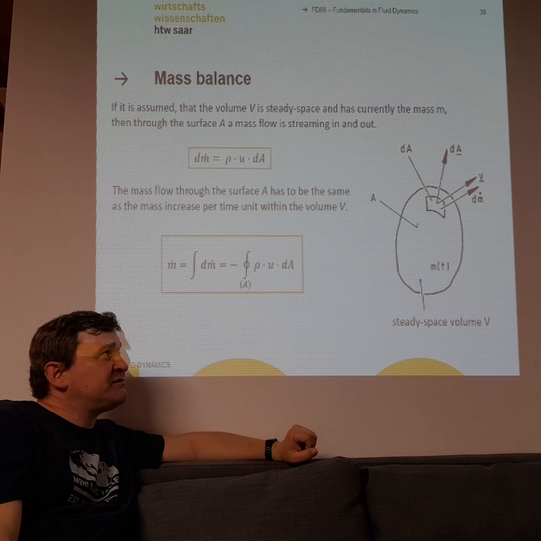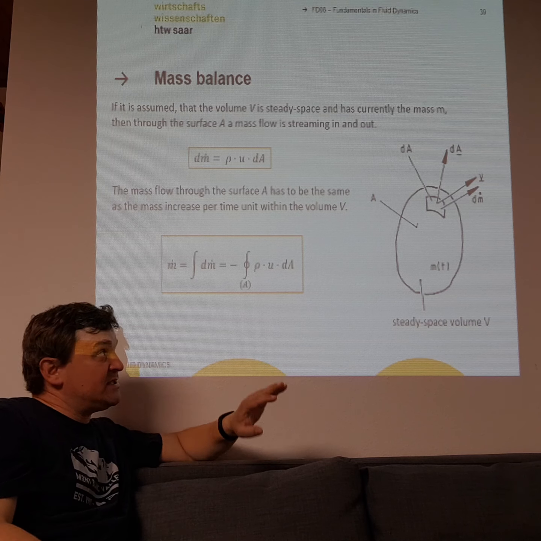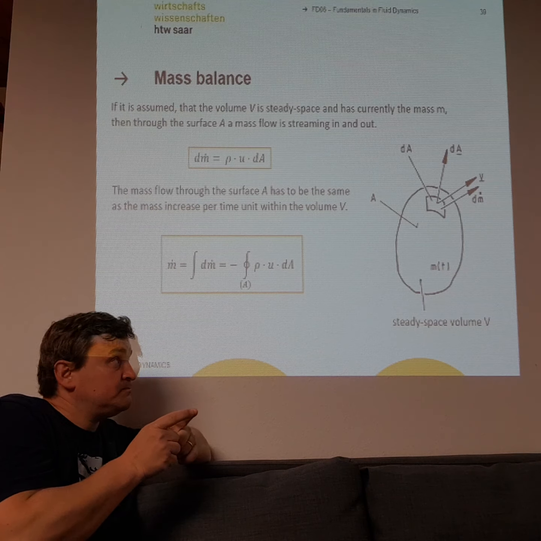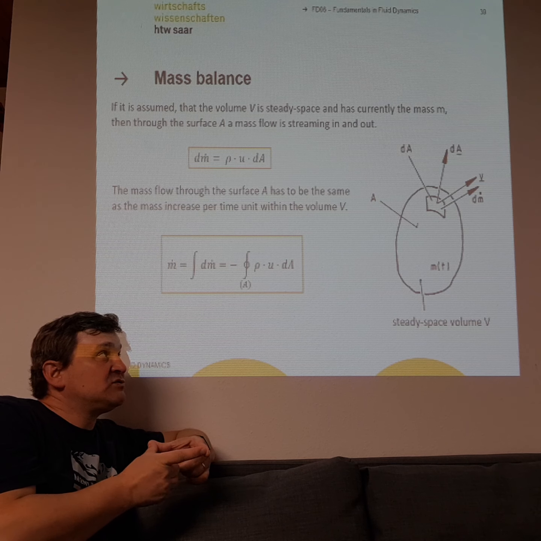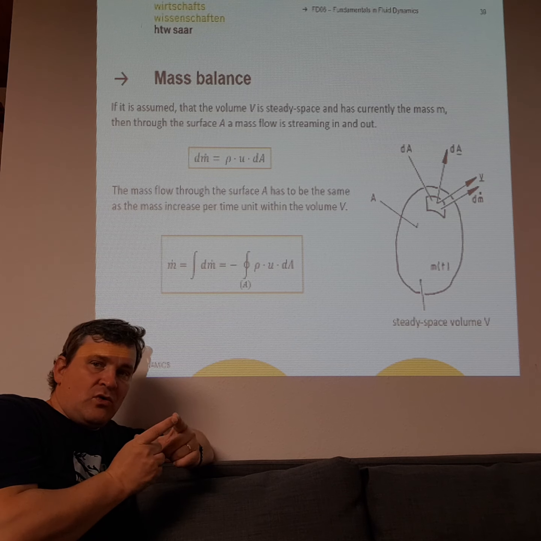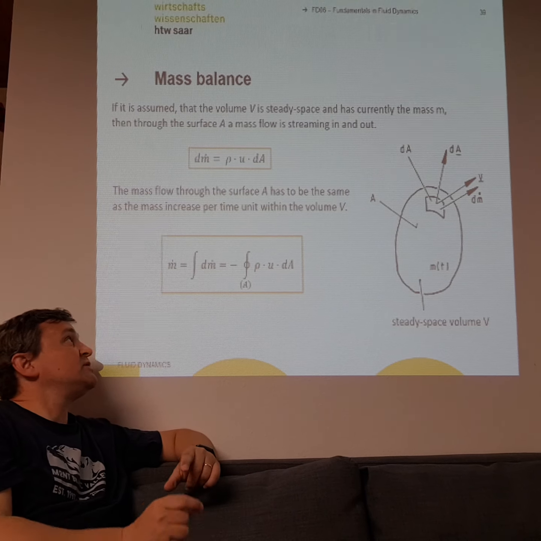Yeah, so you have to divide the surface area of this potato into small pieces, small areas, and then you have to describe the mass flow for every one of these small areas.